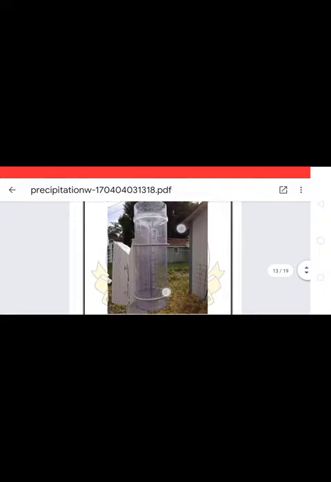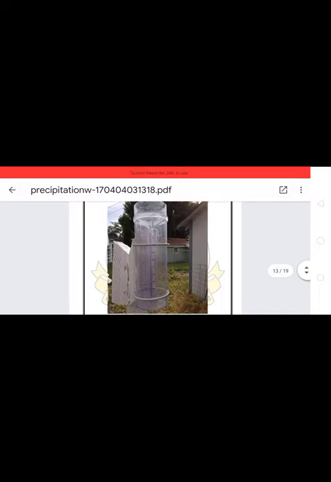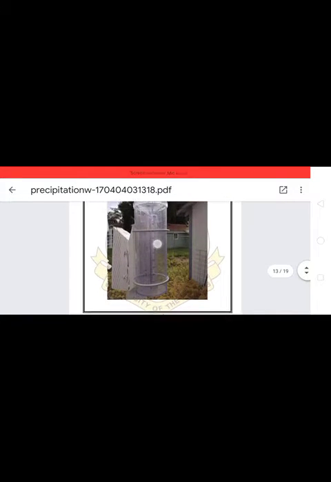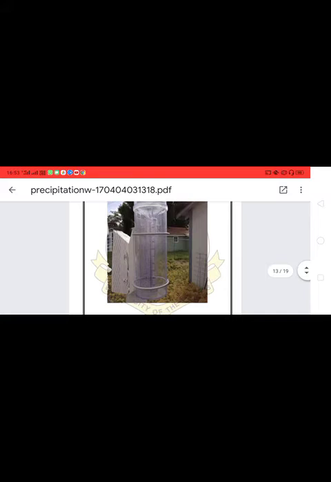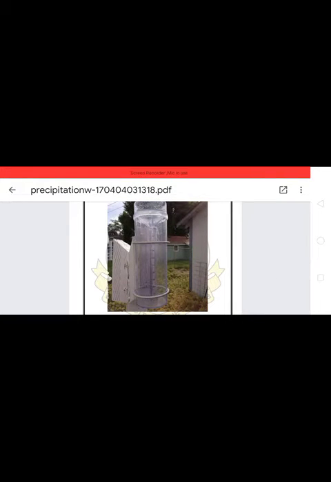This instrument consists of a funnel type of arrangement, which is mostly 3.5 centimeter in diameter, by which the rainwater is collected into this storage, and a scale is attached to indicate how much water has been collected due to rain.